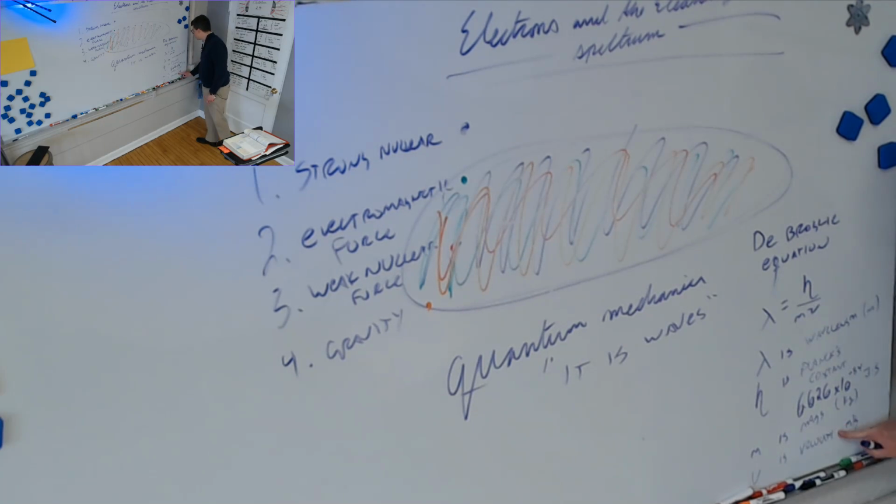Astute observers or analyzers of dimensions will realize that joule seconds divided by kilograms divided by meters per second gives us meters. Because a joule is equal to a kilogram meter squared per second squared. Times a second is a kilogram meter squared per second.